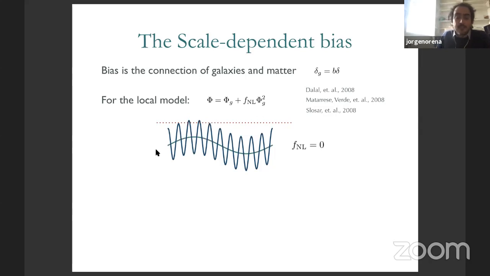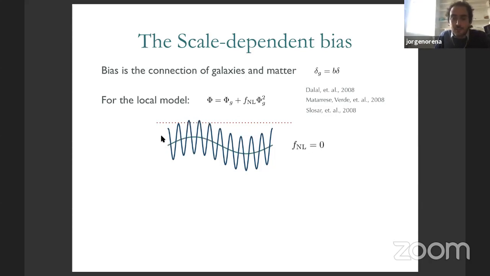So imagine a very simplistic model for galaxy formation. Imagine that I have some fluctuation that looks like this: a short wavelength fluctuation superimposed on a long wavelength fluctuation. And imagine that whenever the dark matter density becomes higher than a certain value, I form a galactic halo, a very simplistic model for galaxy formation. So in this picture, I will have a halo here and a halo here.